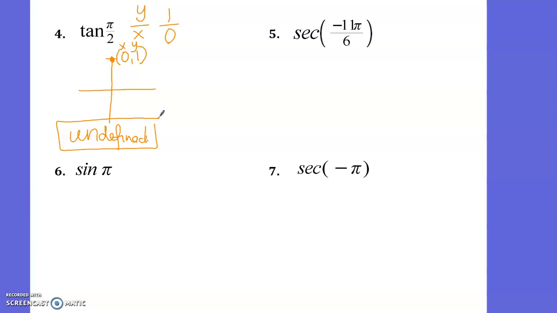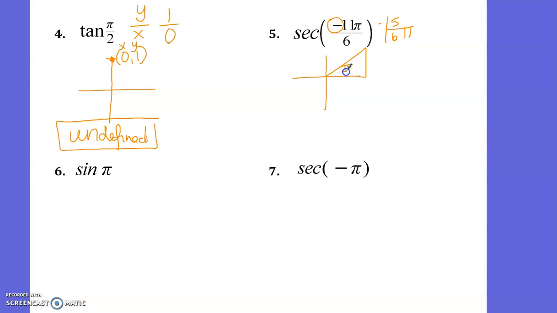Okay, number 5 is secant of -11 pi over 6. The negative angle tells me I'm going clockwise instead of counterclockwise. So 11 pi over 6, that's 1 5/6 pi if you want to think about it in a mixed number. So negative pi, 5/6 pi, we fall right here.